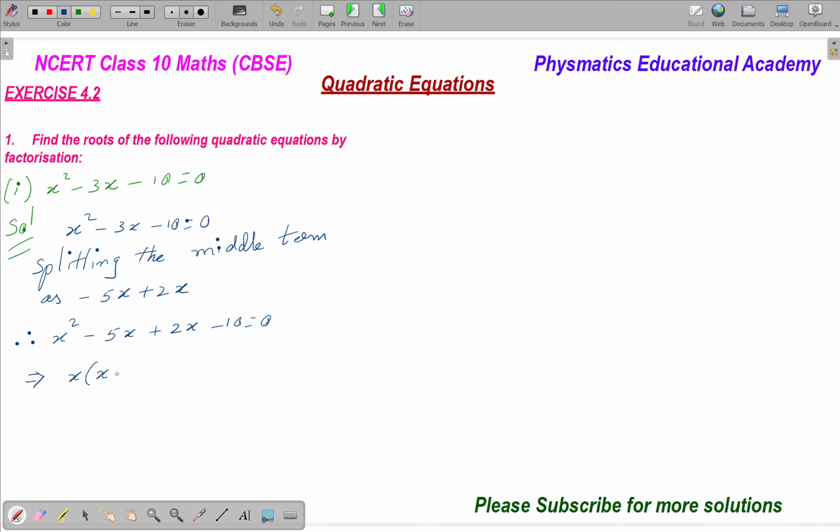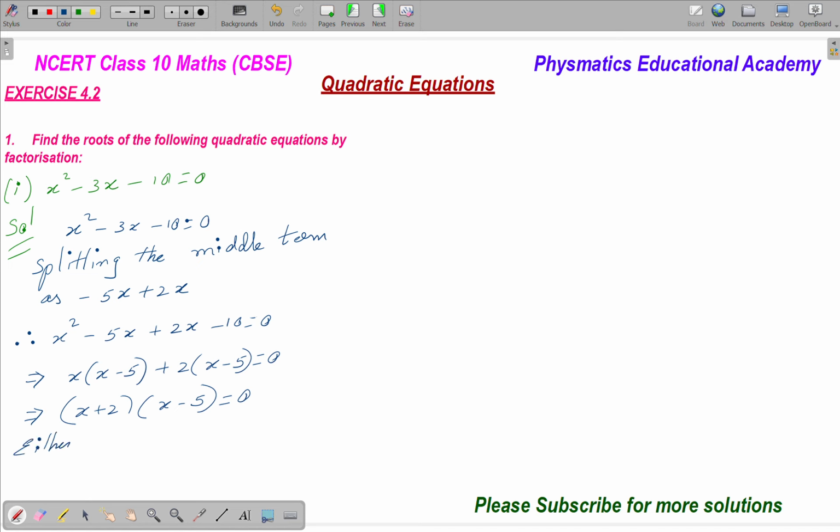Again further simplifying, x into x minus 5 plus 2 into x minus 5 is equal to 0. That implies x plus 2 and x minus 5 are the factors of the given quadratic equation.